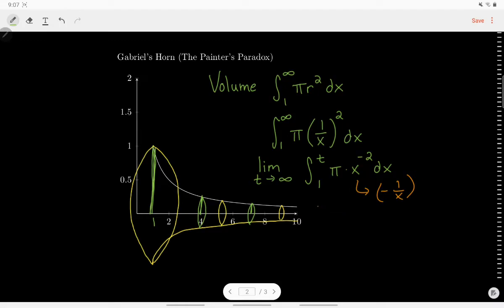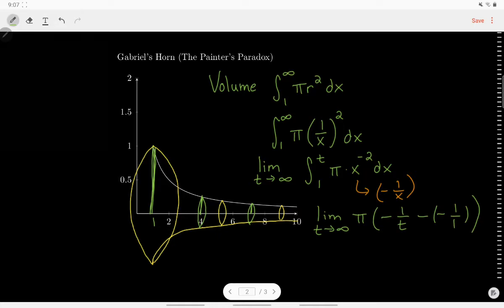So we have the limit as t goes to infinity of pi times my antiderivative with t plugged in minus my antiderivative with 1 plugged in. Okay, but t is going to infinity, so that means 1 over t is going to 0.